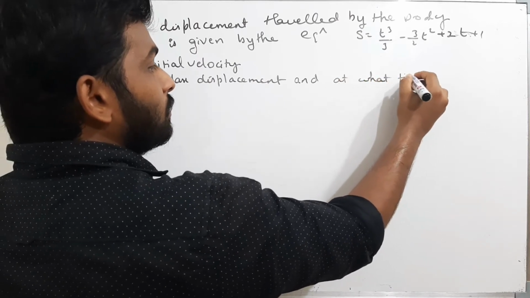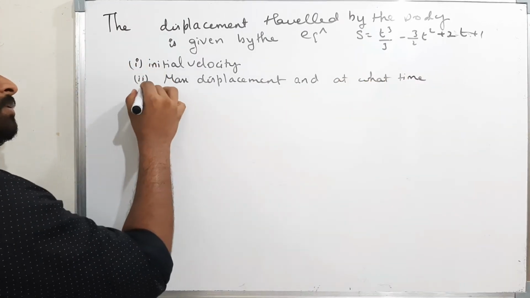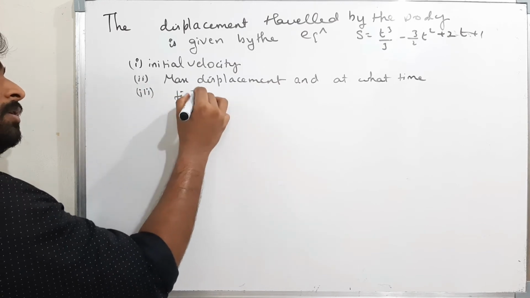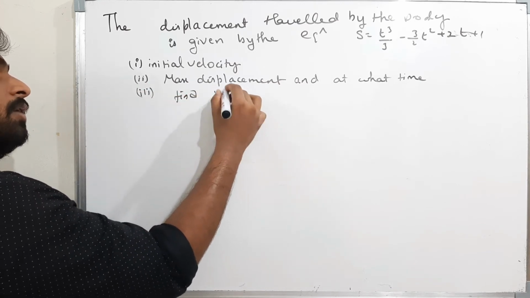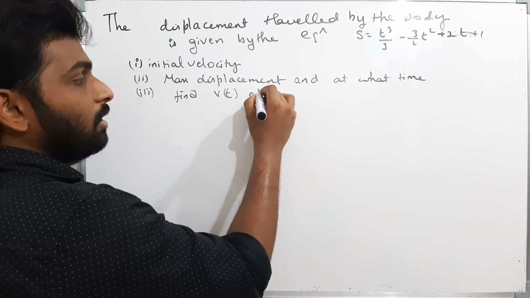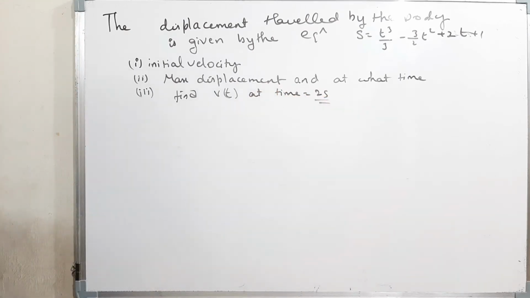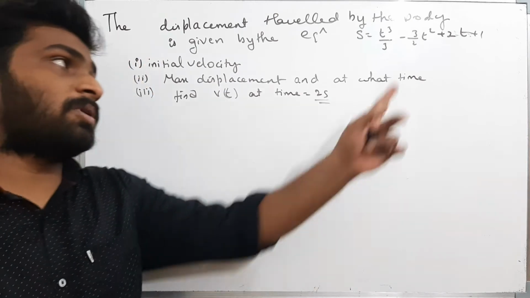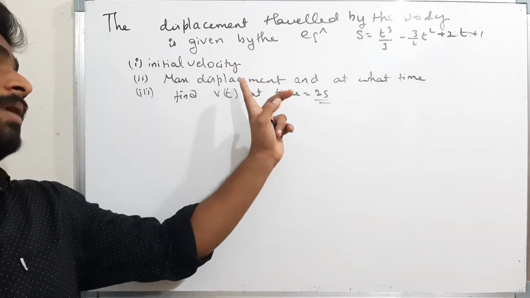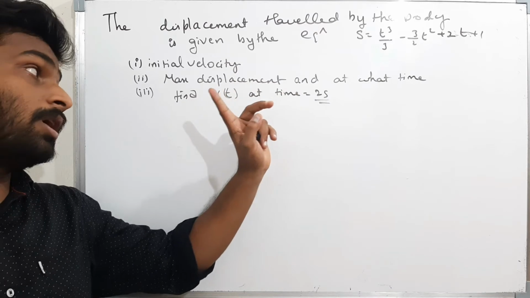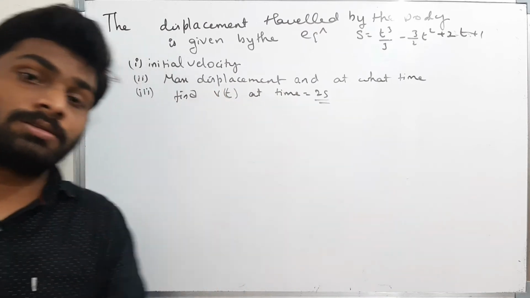And third, they told to find the velocity of the body at time t equal to 2 seconds. Now this is the question they give. Simply they give me the displacement equation and they told to find initial velocity, maximum displacement of the body and the velocity of the body at 2 seconds. Now how can I do?